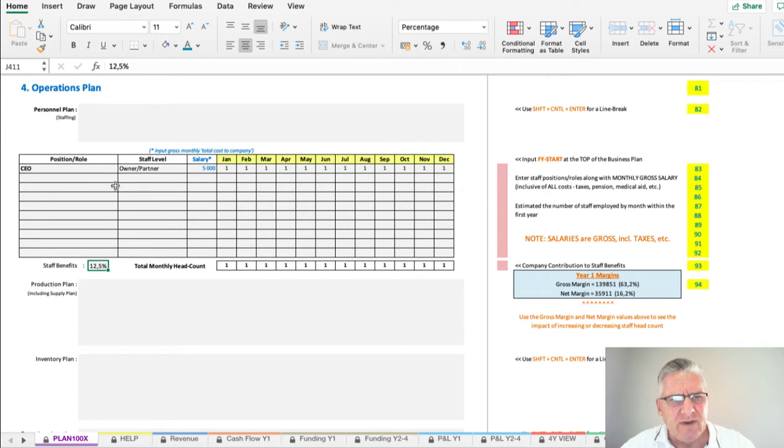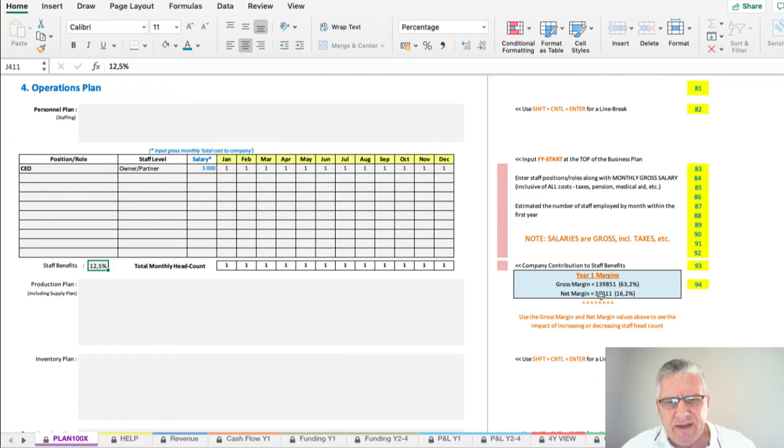Okay, so I've got myself in here, or you as the owner, at $5,000. 12.5% is company contribution to staff benefits. It does not include the normal pay-as-you-earn type tax and that kind of thing, which comes off the staff member's salary.